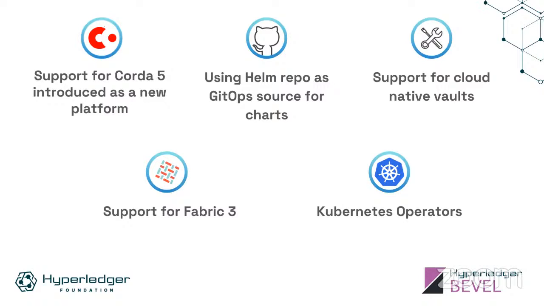Since we saw that a lot of people are interested in using Kubernetes operators for deploying these platforms, we wanted to plan out adding other platforms and using the Kubernetes operator to automate, or basically orchestrate, the deployment.